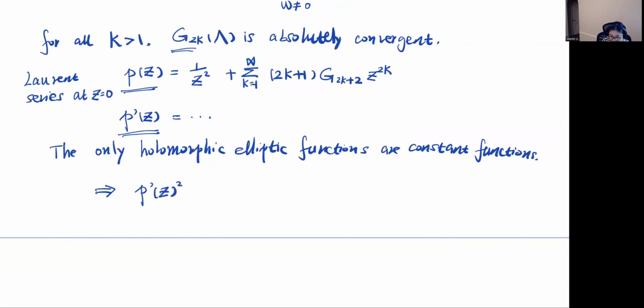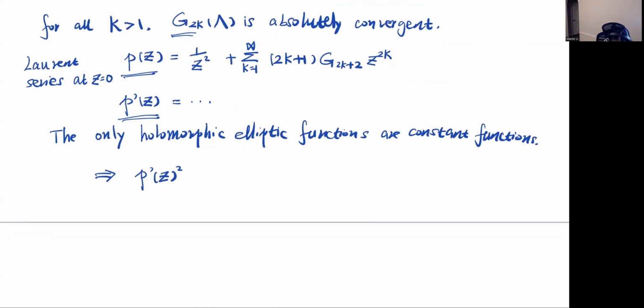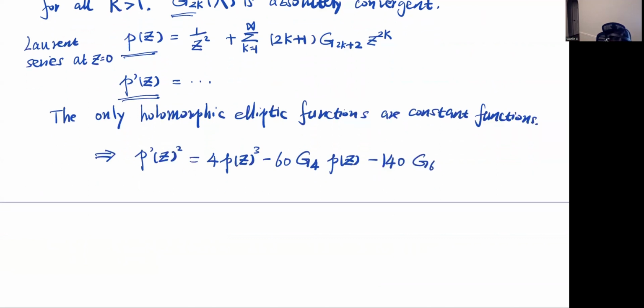So the derivative of the Weierstrass ℘ function satisfies the following equation: ℘′(z) squared equals 4℘(z) cubed minus 60 G4 ℘(z) minus 140 G6, for all z in C minus Λ. Sorry, for any z in C away from Λ.